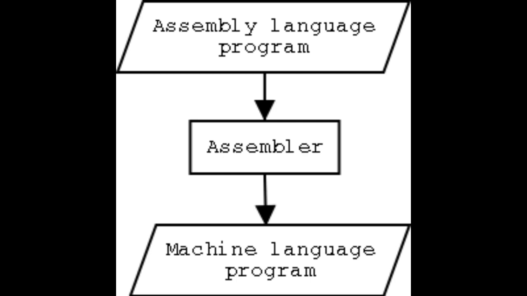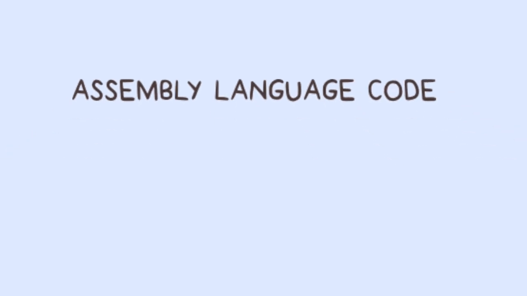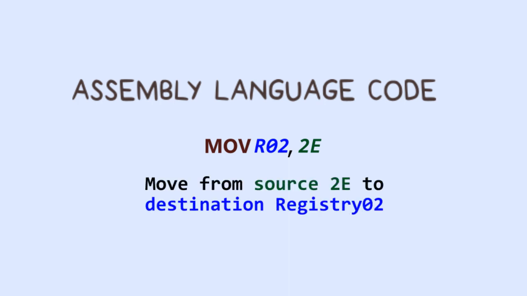So let's take a look at an example of assembly language. You have the code MOVE R0, 2E. This instruction is just a simple assembly language code, and what it says is we are moving the hexadecimal value into register number 2.